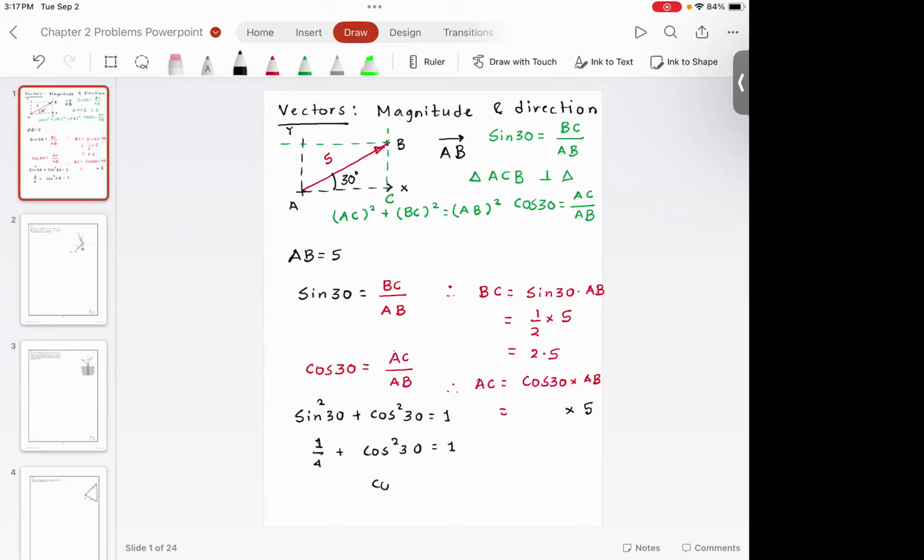So cosine 30 is √3/2. The last relationship, which is cosine of 30 is equal to BC divided by AC.